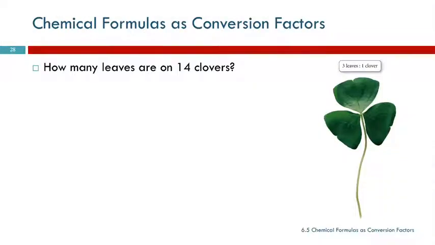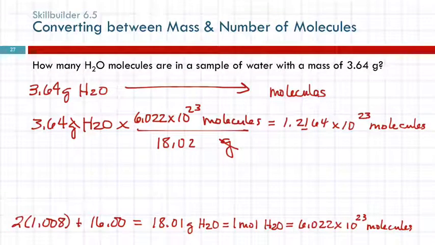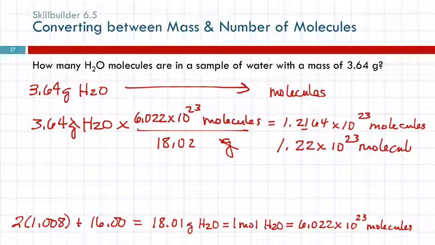So will the number of molecules and atoms be equal to that equation? That's a good question. Oh, and I forgot to really finish this. Be 1.22 times 10 to the 23rd molecules. Well, let's think about a molecule of water. H2O is the formula. How many atoms are in that molecule? 3.